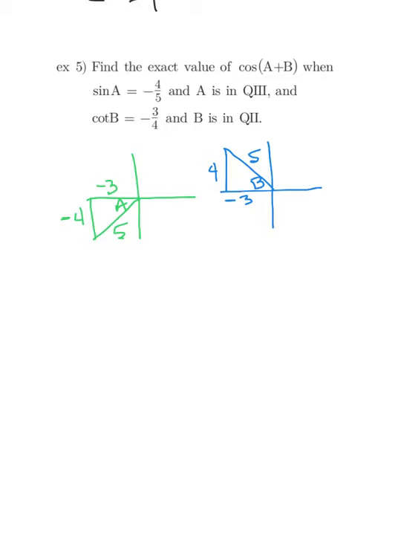We need to do the cosine of a plus b. So remember that the cosine formula says to do cosine of the first angle, cosine of the second angle, do the opposite operation, so this will be minus, and then do sine of the first angle times sine of the second angle.